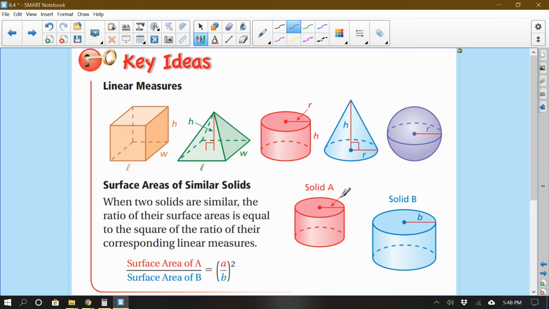Sounds a little scary. What they mean is, in this case, for these two cylinders, the ratio of this one's radius versus this one's radius. So that radius would be on top, the other radius would be on the bottom, and then we square those numbers. If that sounds a little intimidating, don't worry, we're going to work through that.